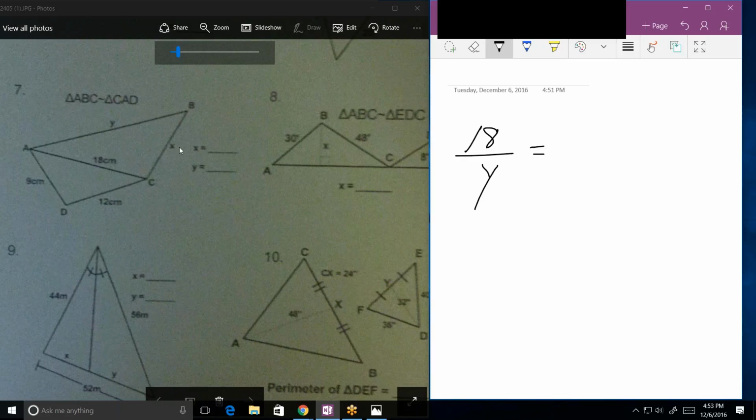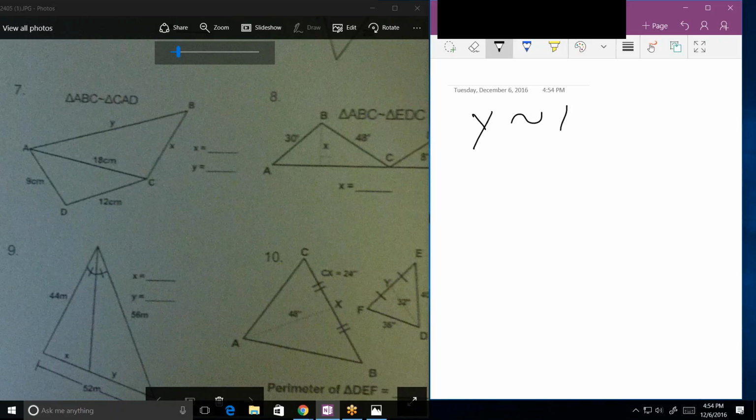Okay. From what I read, AD is similar to BC, and DC is similar to AC. Let me write these down because these are really hard for me to see. Y is similar to which side? AB is similar to AC.